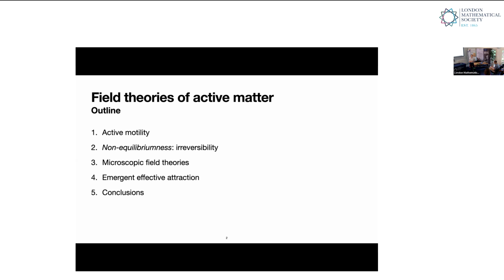There was this example of motility-induced phase separation, so I'll talk a bit about that. And so how do we use these field theories to describe phenomena like phase separation? And I'll end with some conclusions.